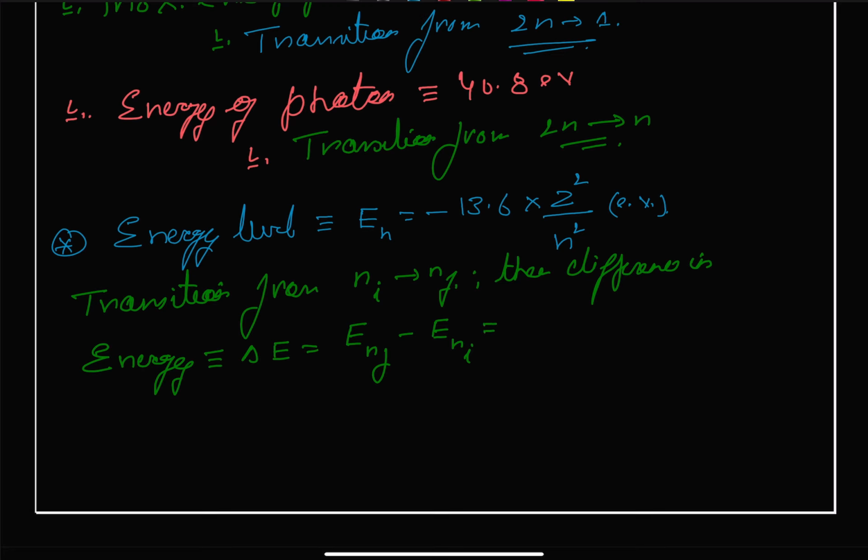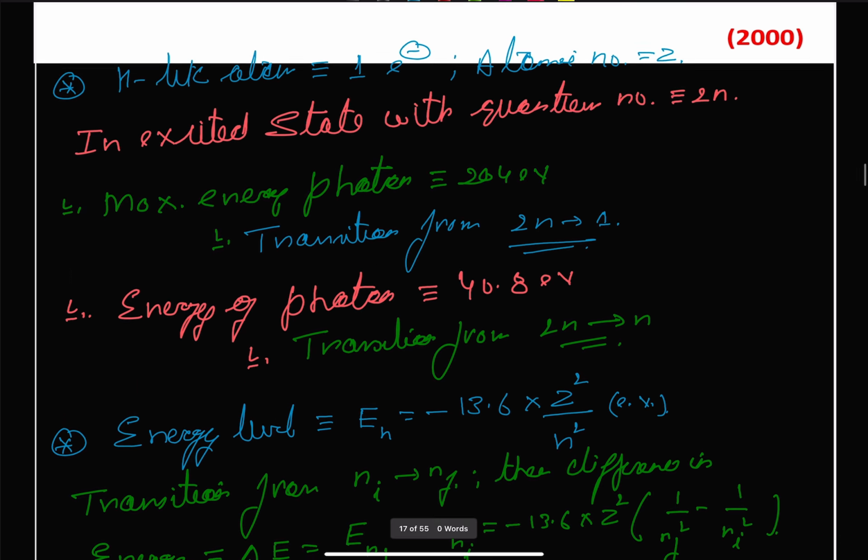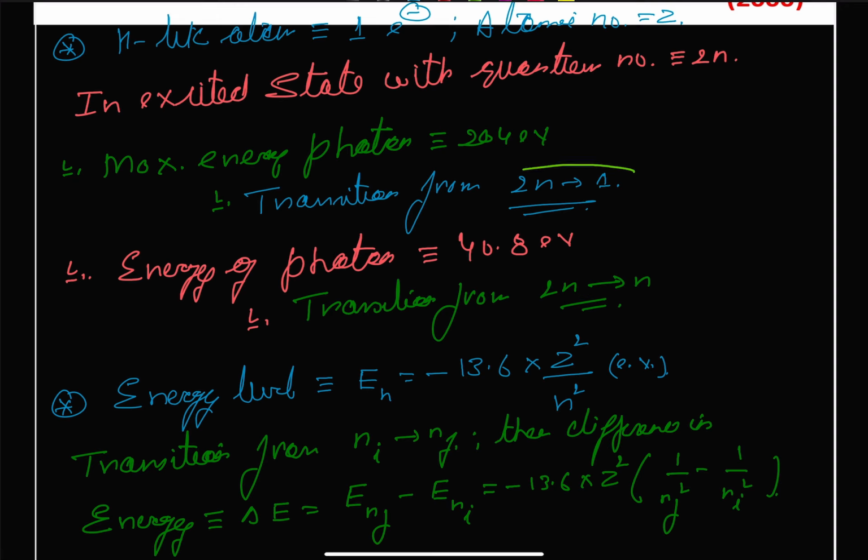So we substitute, and we get this as 13.6 Z square times (1/Nf square minus 1/Ni square). We are given that for maximum energy the transition is from 2n to 1 and the energy is 204.